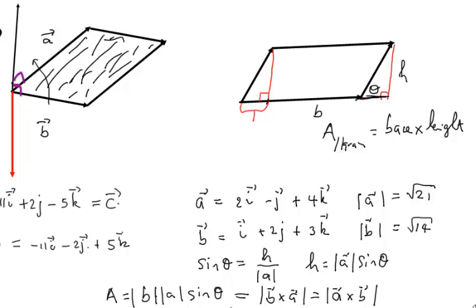The cross product vector is always perpendicular to the plane generated by the two vectors, but the two vectors also generate a parallelogram, and the parallelogram has an area. Now the length of the cross product vector, the absolute value of that vector, is numerically equal to the area of the parallelogram. All these things I'm talking about are calculations, and you must know how to do them. Any questions?